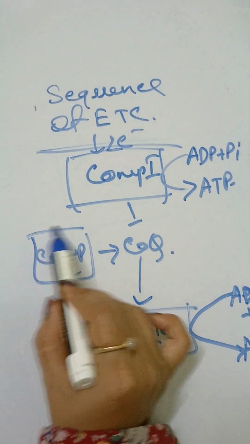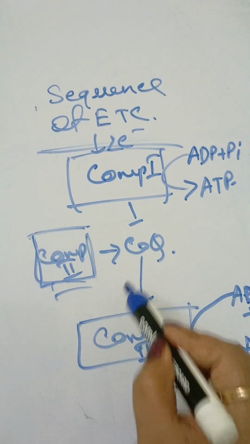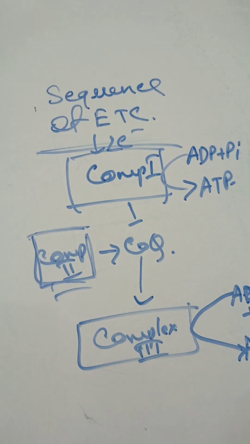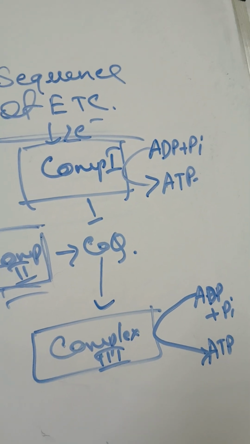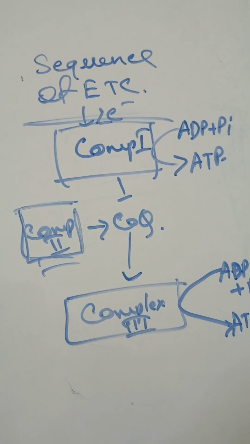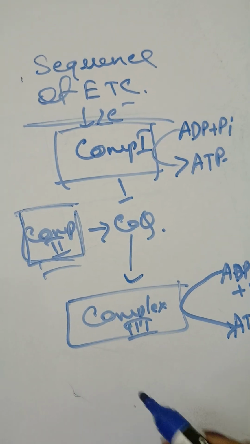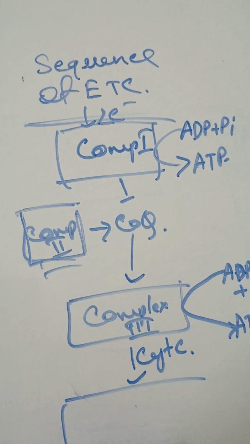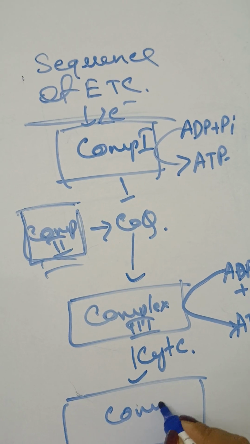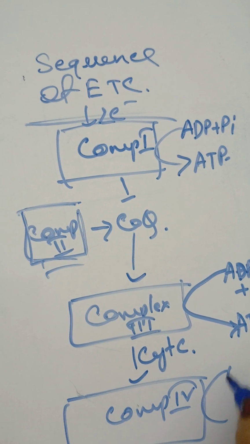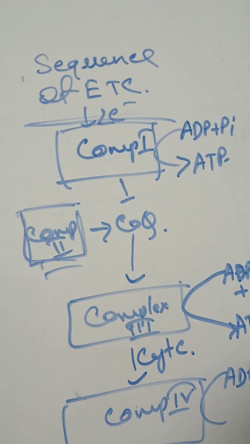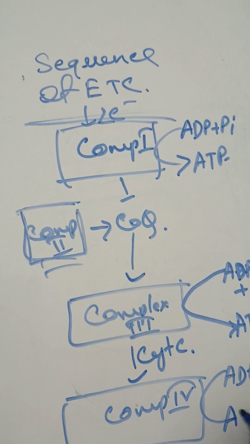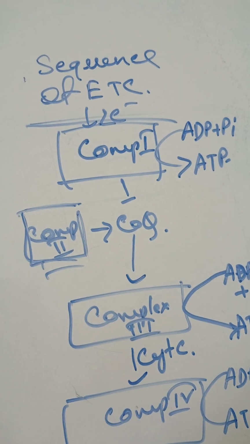But one exceptional case is complex 2. In the case of complex 2, there is no production of ATP. So in the case of complex 1, complex 3, and finally with the help of cytochrome C, the electrons transfer to complex 4, and there again ATP will be produced.